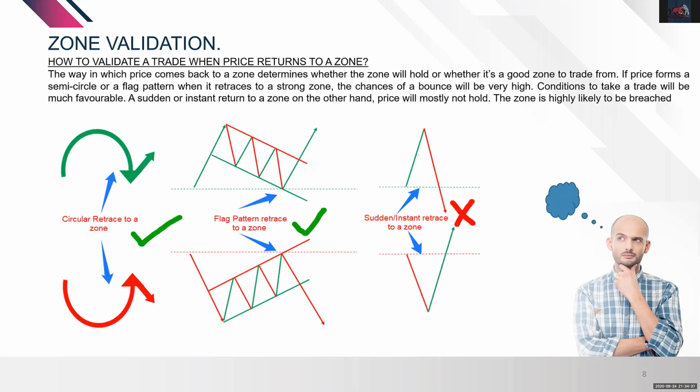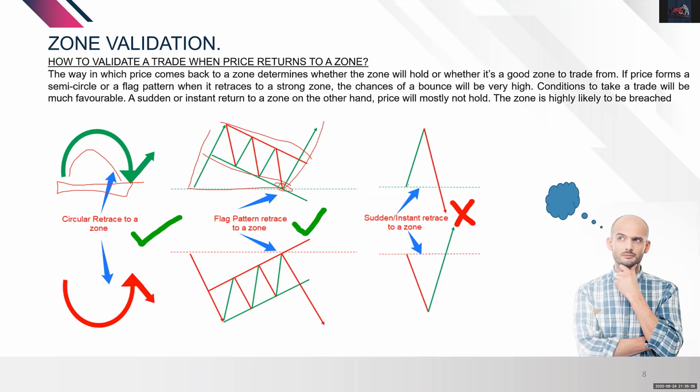So you use a semicircular or a flag pattern retrace to a zone. You can see here, I've got an illustration. If you're looking for a long position from a demand, you need to see, number one, a semicircular return to a demand zone, or a bearish channel return to a demand zone, for you to be a buyer.